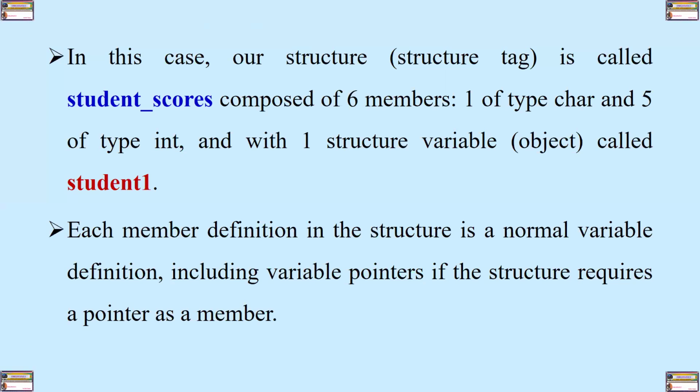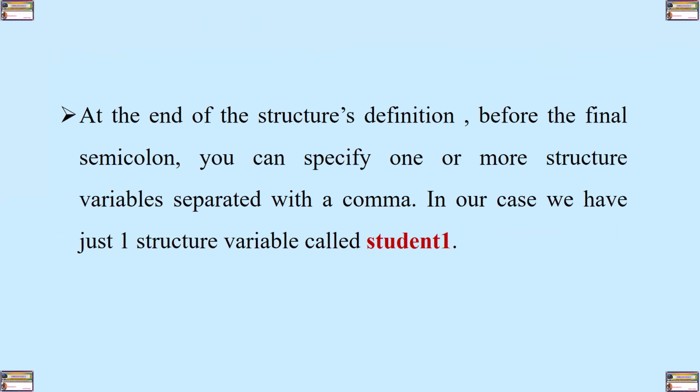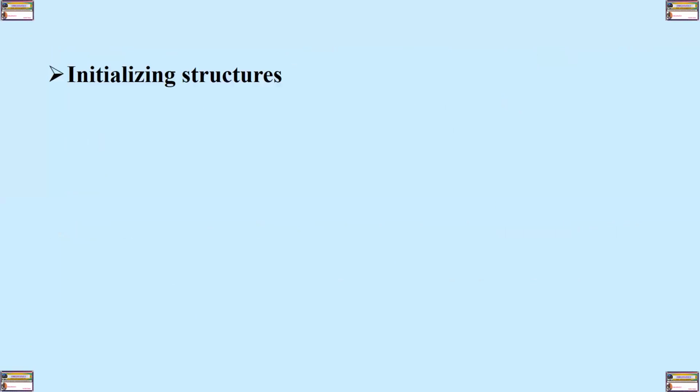We are going to learn about pointers in the next part of this series. At the end of the structure's definition, before the final semicolon, you can specify one or more structure variables separated with a comma. In our case, we have just one structure variable, by the name student1.